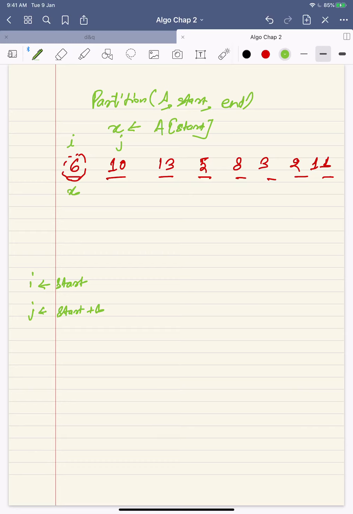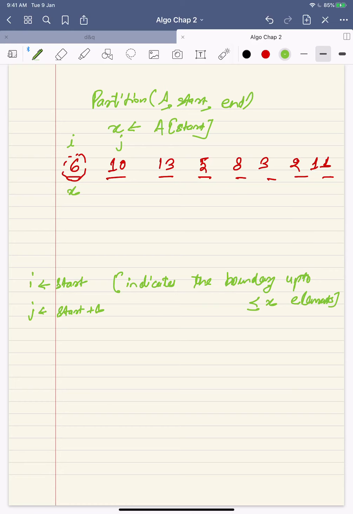I indicates the boundary up to less than or equal to x.